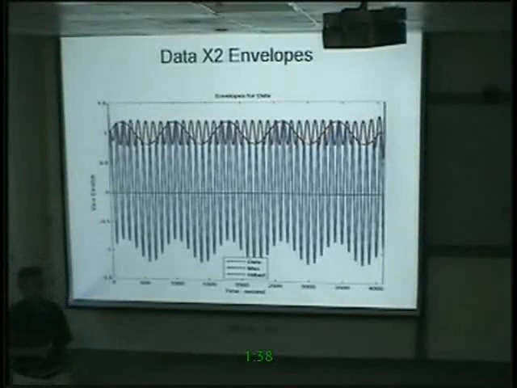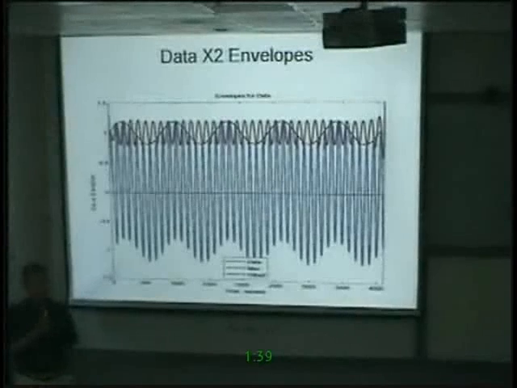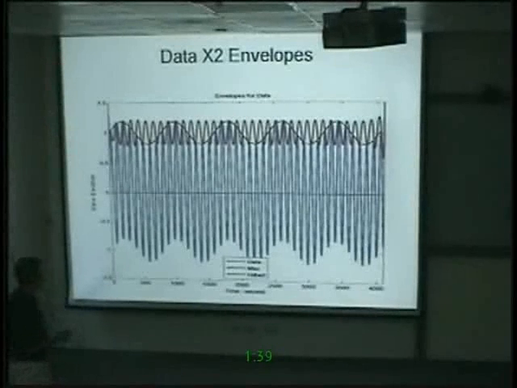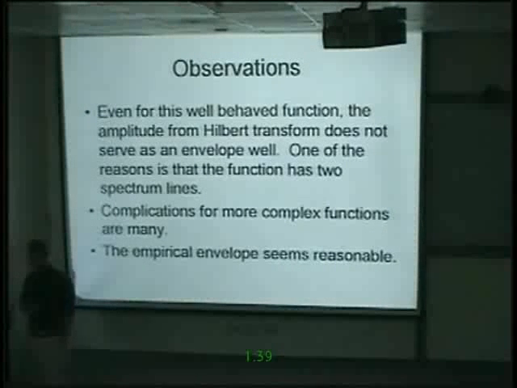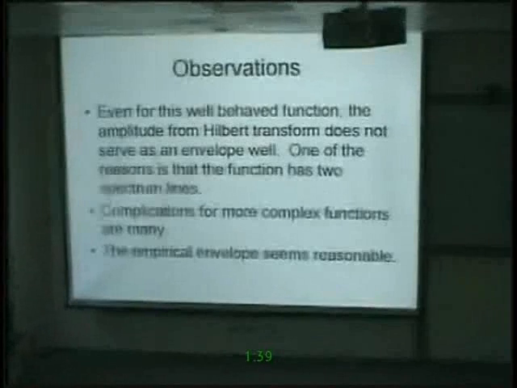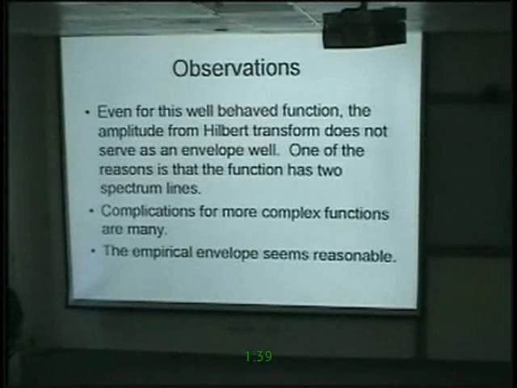If you have data with a single extremum between two zero crossings, then the extrema connection as an envelope seems to make sense. All the EMD that we did is trying to reduce data to that state. That's very simple, and simply illustrated with this method. So even for this well-behaved function, the amplitude from the Hilbert transformation still does not serve as an envelope very well.